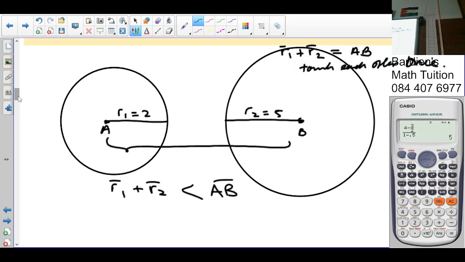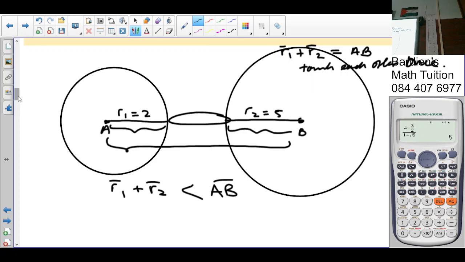Why? Because we are taking this distance between the two circles into account. That is why the distance between the centers is definitely larger than radius 1 and radius 2.